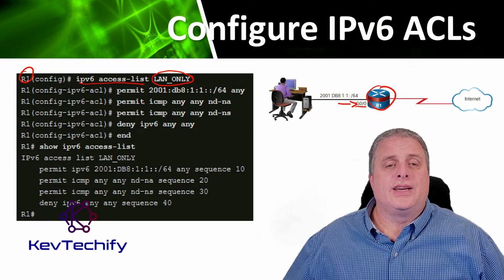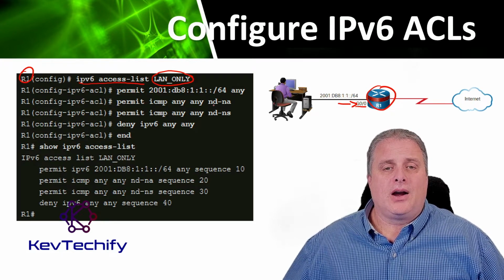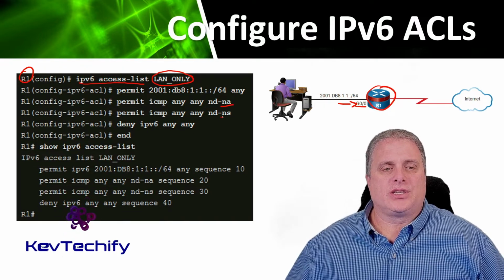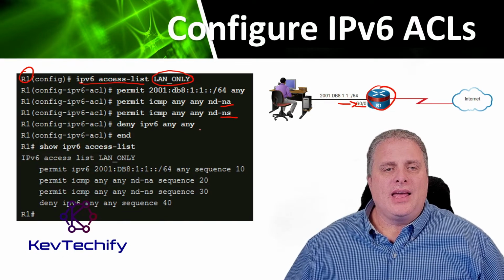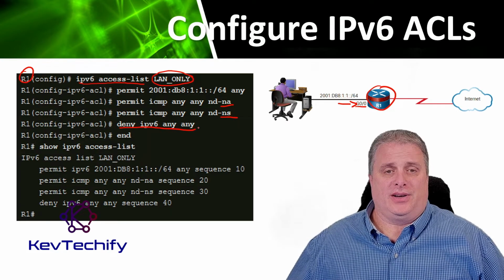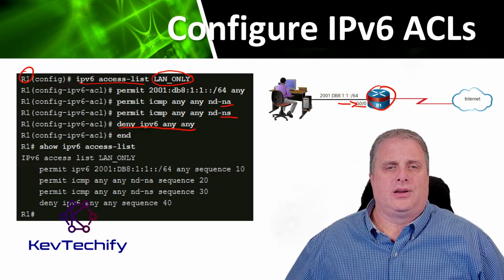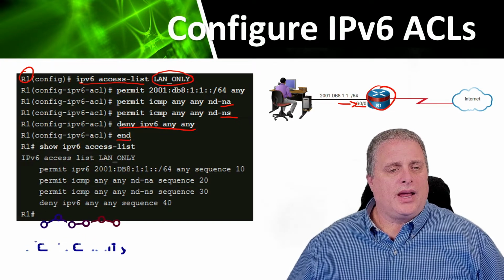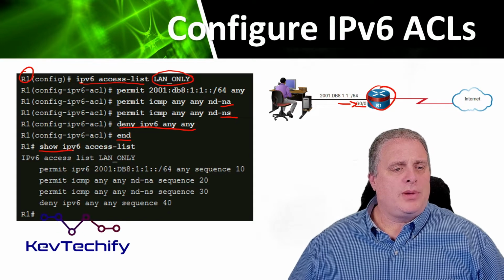We're also explicitly allowing our neighbor advertisements and our neighbor solicitations. And then we are denying all other IPv6 traffic.